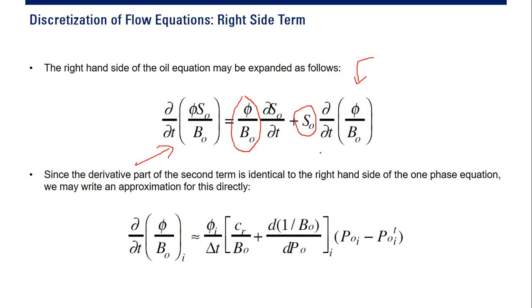So here, the second term, d/dt of pressure divided by BO at I, is identical to the right-hand side of the one-phase equation. So approximately porosity at I divided by dt multiplied by this term multiplied by the pressure difference.